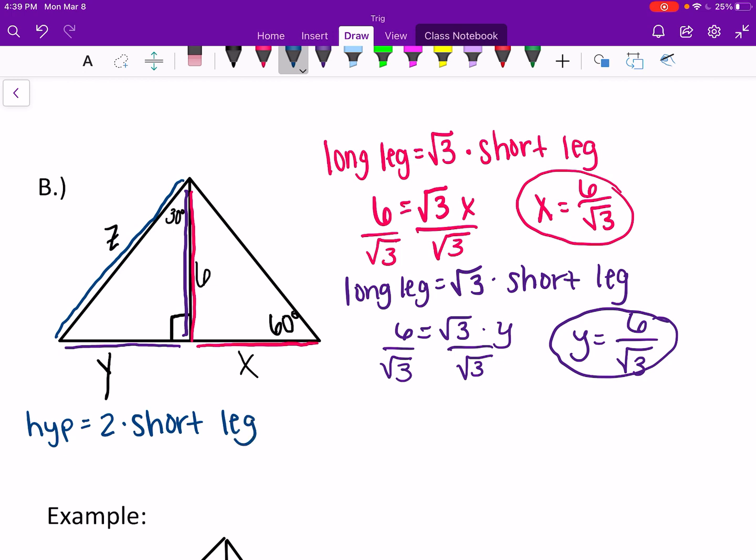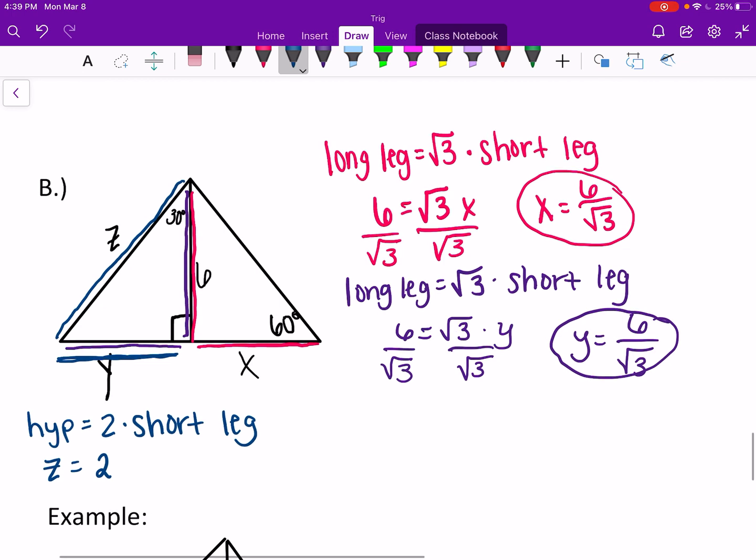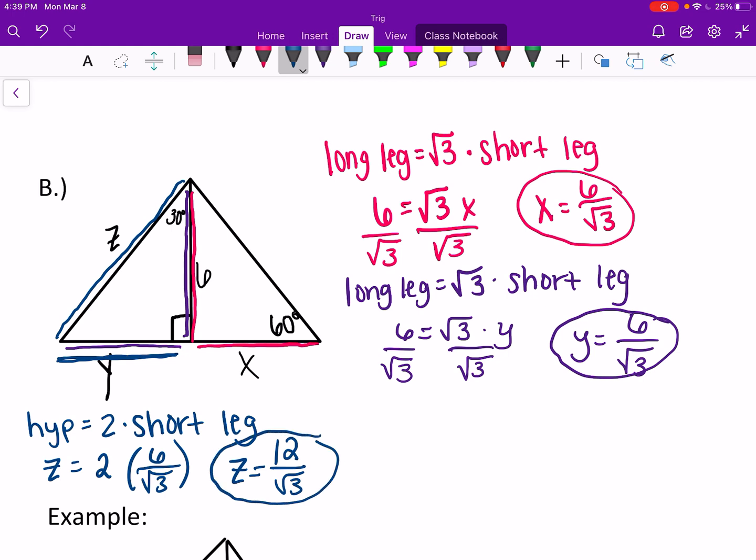Z is our hypotenuse on the left-hand triangle, and our short leg would be y. We said that y was 6 divided by the square root of 3. So z is equal to 12 divided by the square root of 3. Or a decimal would work just fine.